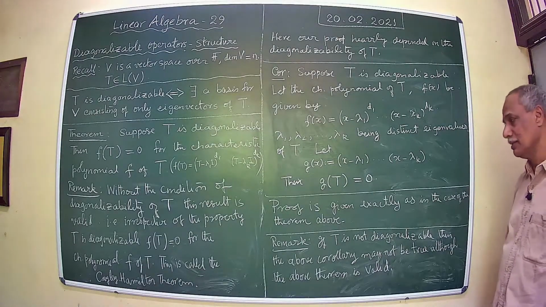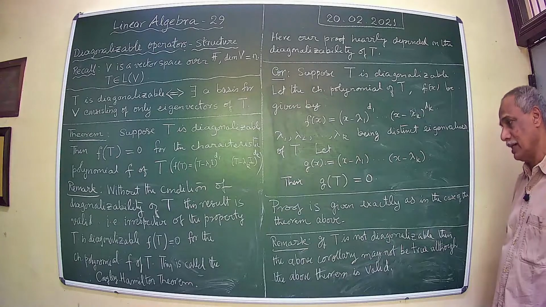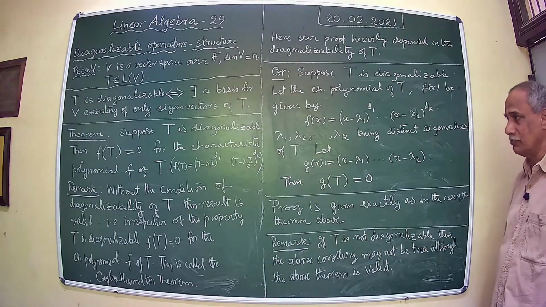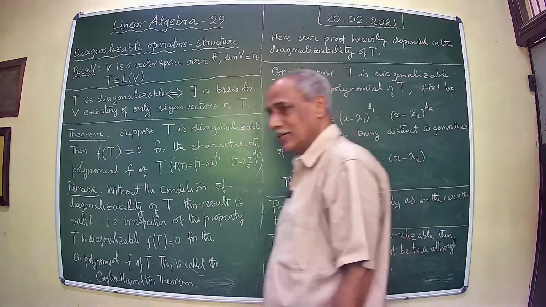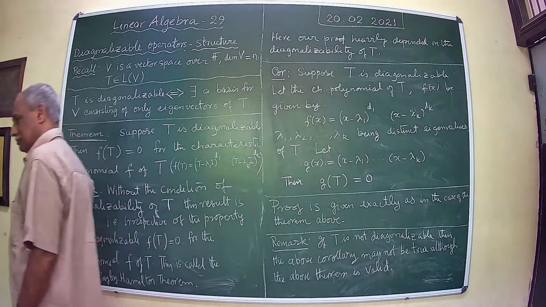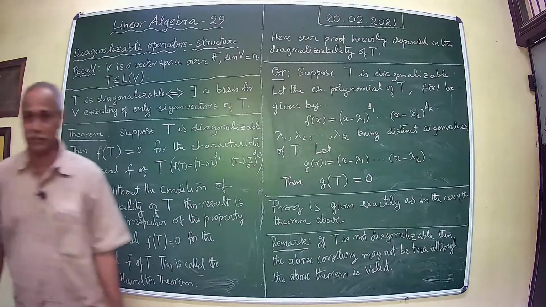Okay? Right? And consequently, what form T takes up in terms of these projections. Now, these are the structural results that we will be working on. Okay? Thank you very much.